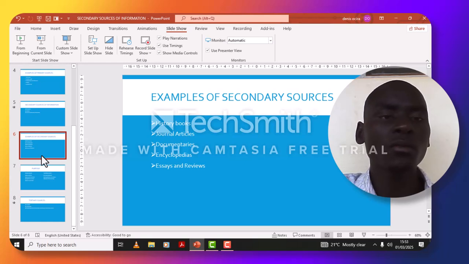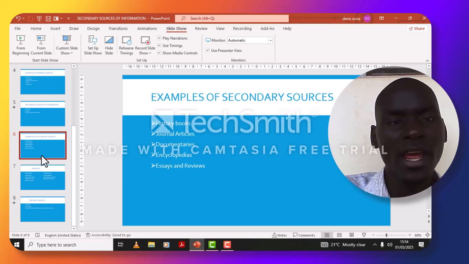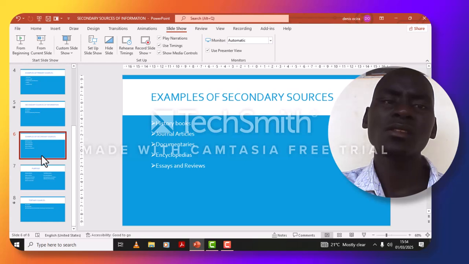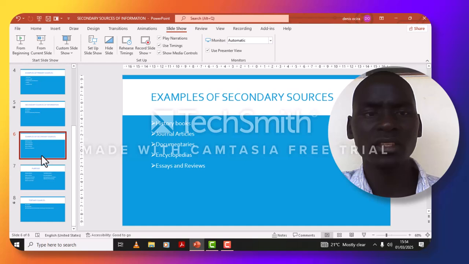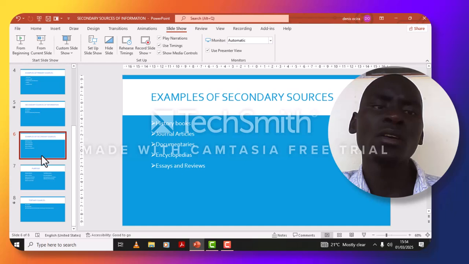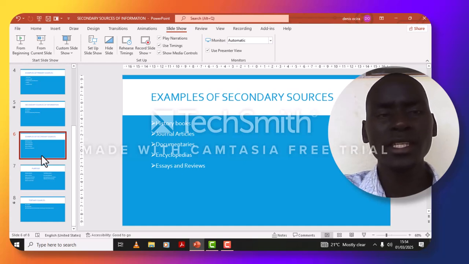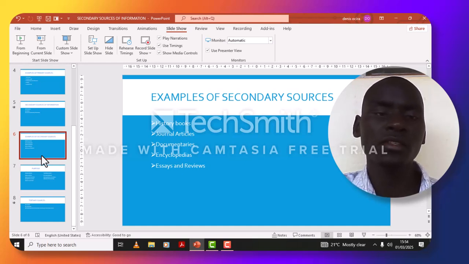For example, a book discussing a war in northern Uganda might be written by one of us, or by one of the publishers and published. This is a primary source. Now, when that information is analyzed historically and documented, that document is what we refer to as a secondary source of information.